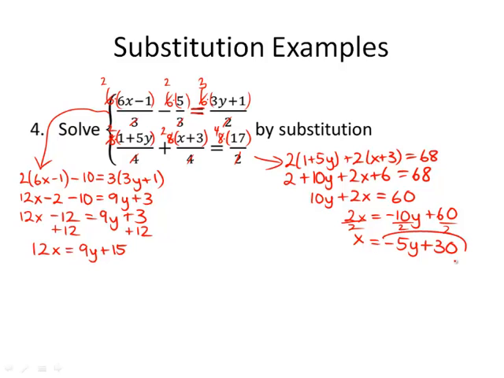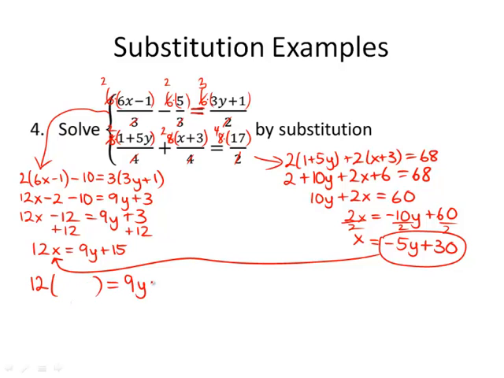So if x is equal to negative 5y plus 30, we could plug that back into the other equation and see what happens. That'll leave us with 12 times x equals 9y plus 15, and our x was negative 5y plus 30 from the other equation.